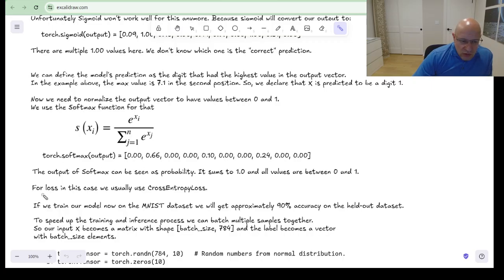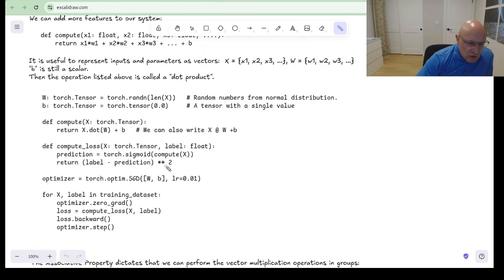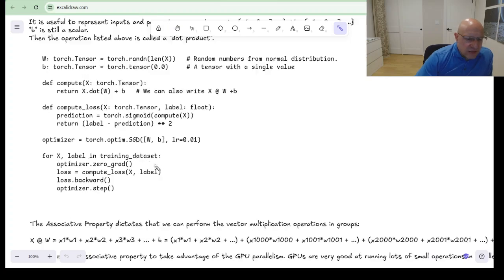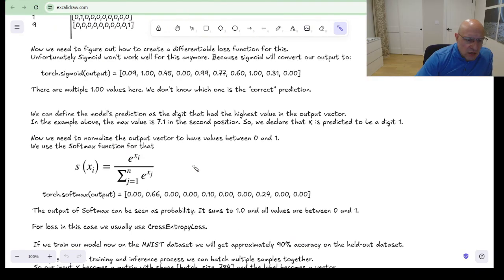Now we also need the loss function, because now we have 10 values instead of a single value, so the loss function is different from what we did before. Previously we had what is called mean square error. We took label minus prediction and squared it. It's less common to do that in a multi-class case.